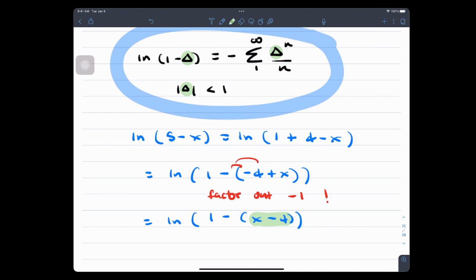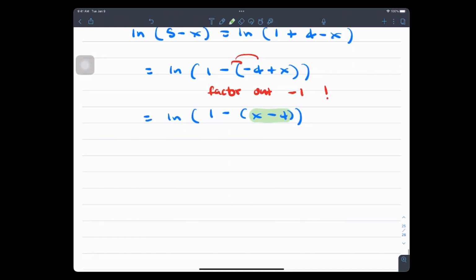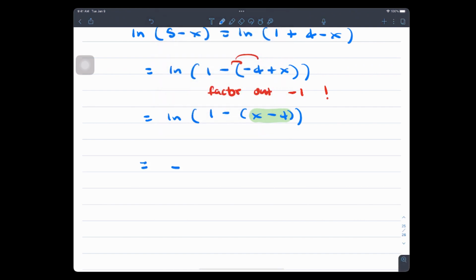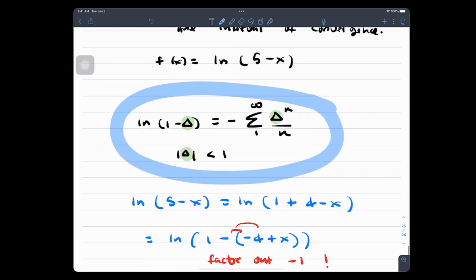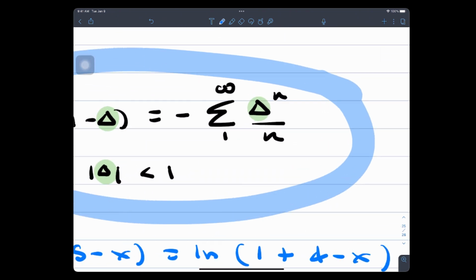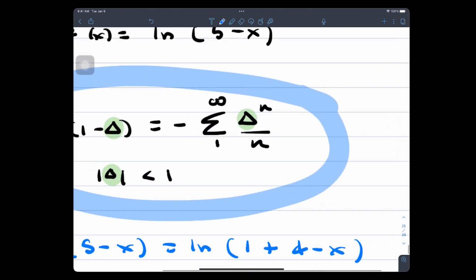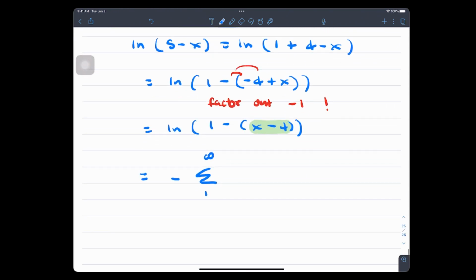And there it is. You go, whoa. So that means the power series expansion is negative 1 to infinity. What's in green? The x minus 4 is in green here. We're going to use that portion. So x minus 4 to the nth power.